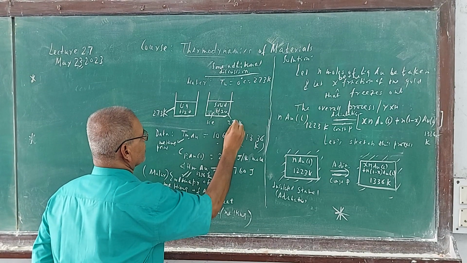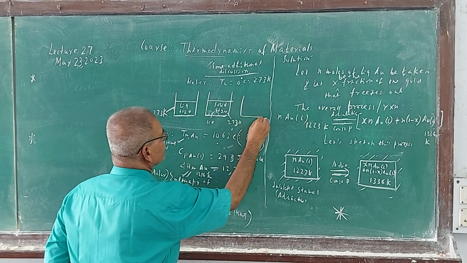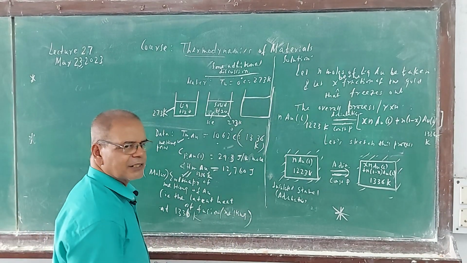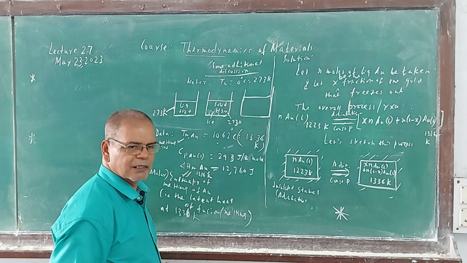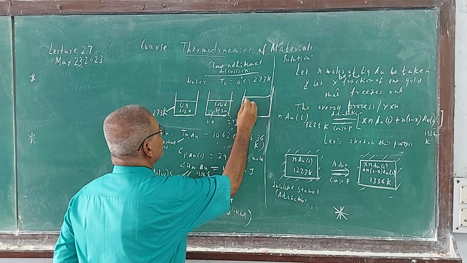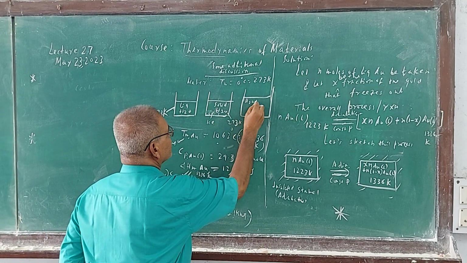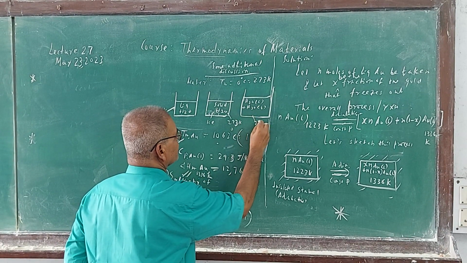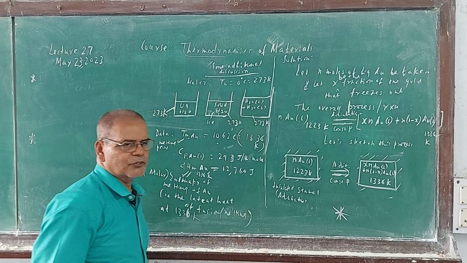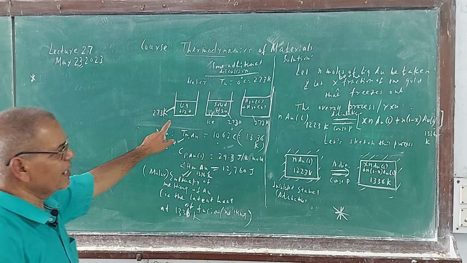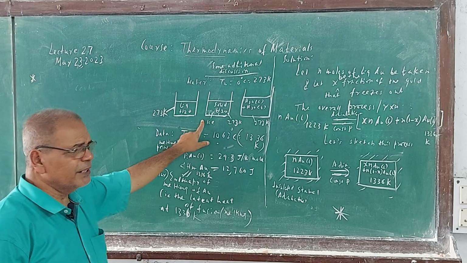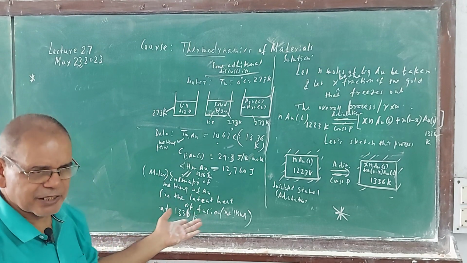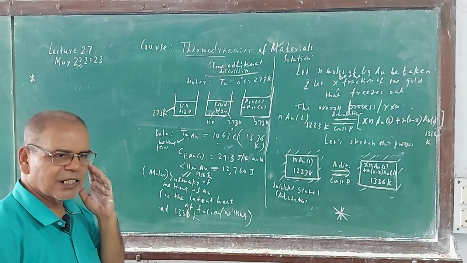And then the third is a mixture of liquid H2O plus solid H2O, again at 273 Kelvin. Tell me, in these 3 situations, what will happen? Will it remain there or move, this side or this side, melting or freezing? Question.